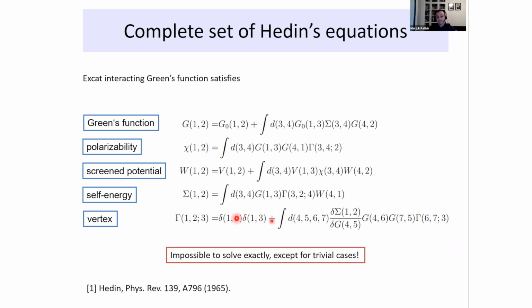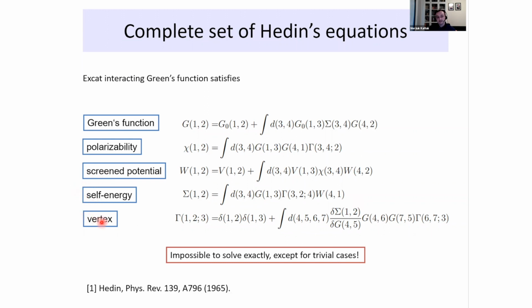This set of equations is equivalent to the original problem and can be solved iteratively. So in the first equation, you determine the Green's function, then the polarizability, followed by the screened potential, then the self-energy, and finally the vertex function.